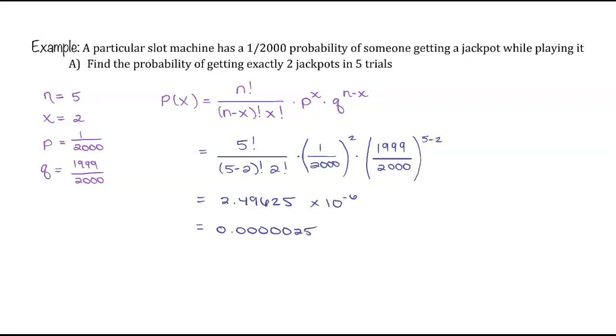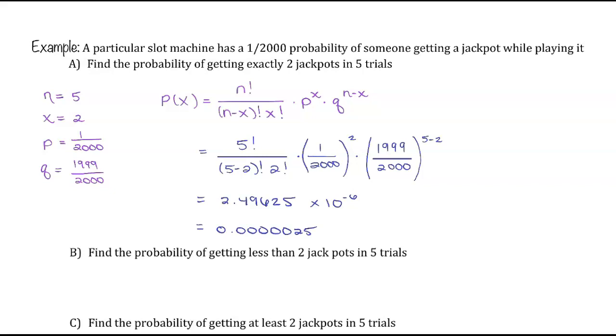0.000025. What if instead we wanted to find the probability of getting less than 2 jackpots in 5 trials? In order to calculate the probability of x being less than 2, we need the probability of getting no jackpots in 5 trials plus the probability of getting 1 jackpot in 5 trials. I'll leave the details out so that you have a chance to practice.